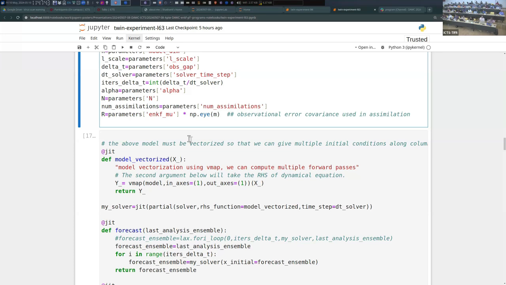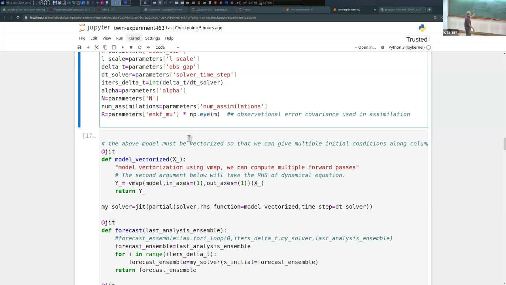This is an ad hoc fix, right? That's pretty clear. Using inflation is an ad hoc fix. There are a lot of ad hoc bits of the ensemble Kalman filter that go way beyond the theory. In fact, there is no good theory behind choosing inflation, and hence it's a tuning process for which I do not have any insights per se.